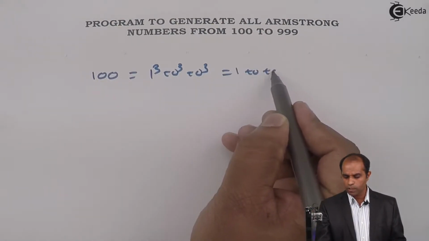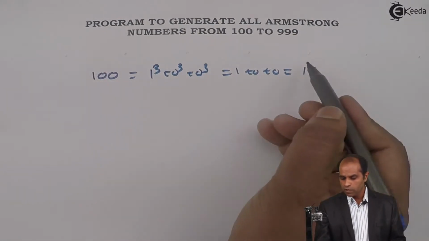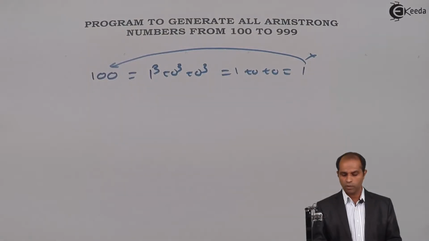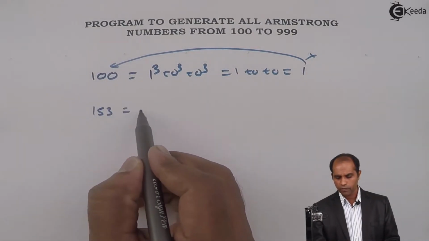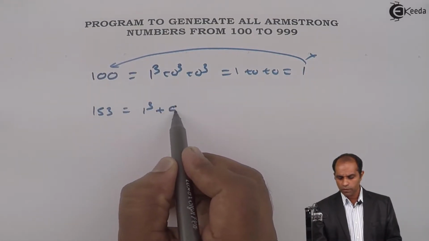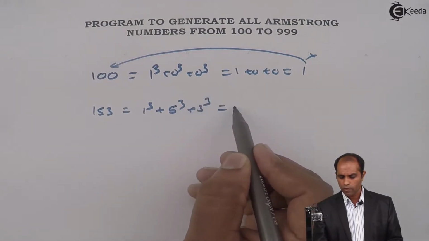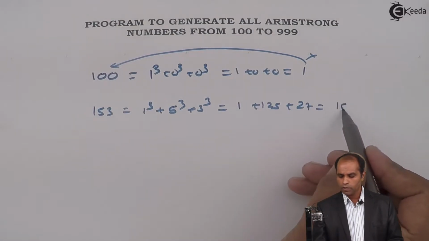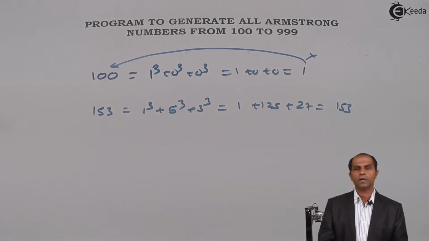So 1 plus 0 is 1. Is this number equal to 100? No. So that number is not an Armstrong number. Suppose I enter 153: 1 cube plus 5 cube plus 3 cube, 1 plus 125 plus 27, which is equal to 153. Hence 153 is an Armstrong number.